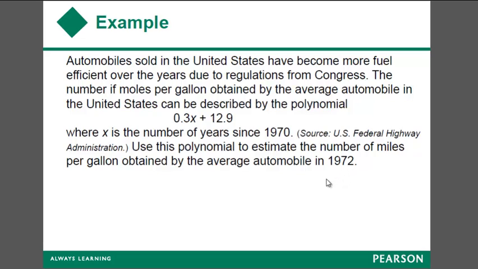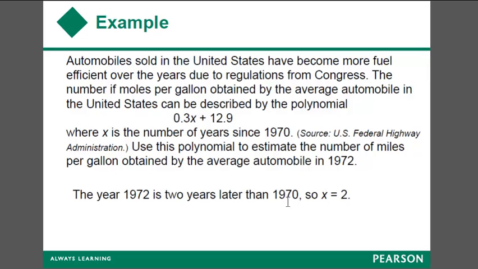Here we have to think of two different things. Since x is the number of years since 1970, and I want to look at 1972, I'm actually going to be looking at x equaling 2, because that's 2 years after 1970. Once I figure out what x is, I will replace my x inside my polynomial with my x of 2.